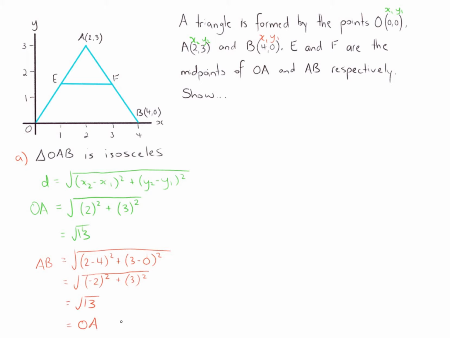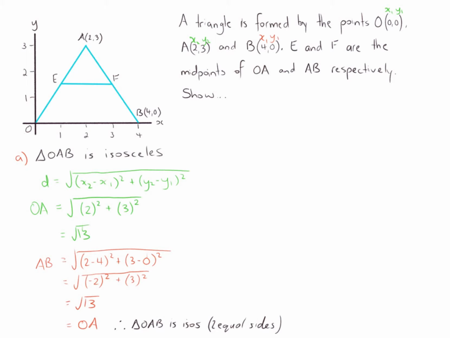So therefore, triangle OAB is isosceles. Okay, the reason being two equal sides. Okay, remember it's always good to put in our reasoning.